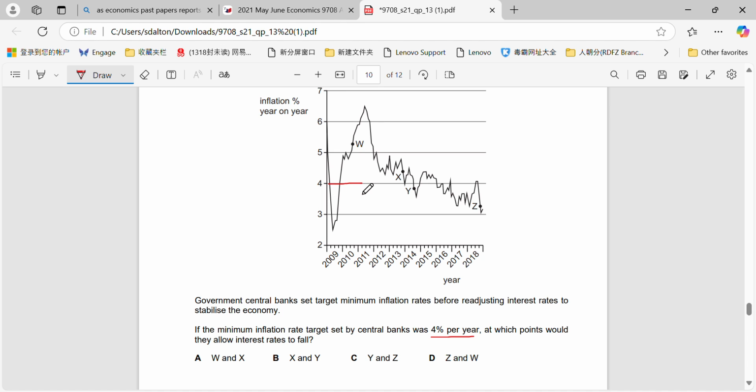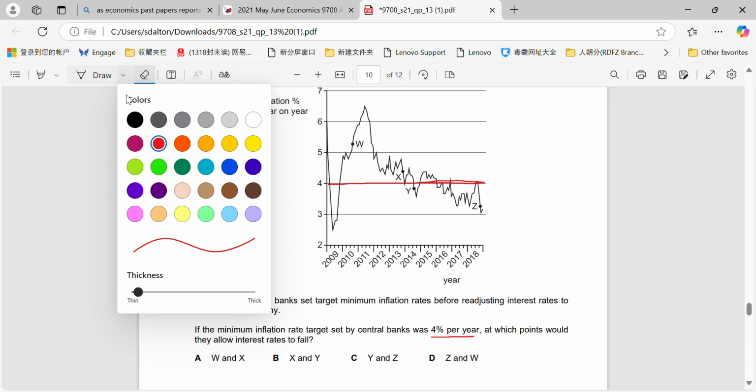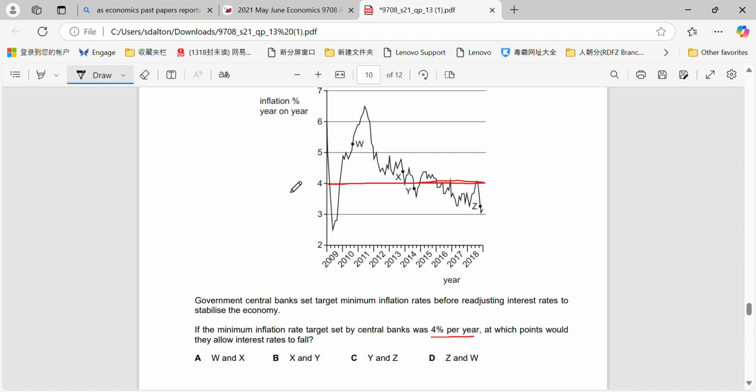So basically, any time the inflation rate is above 4% here, which would be X or W, they will increase the interest rates to move aggregate demand to the left, and therefore reduce the level of inflation back towards this target of 4%.